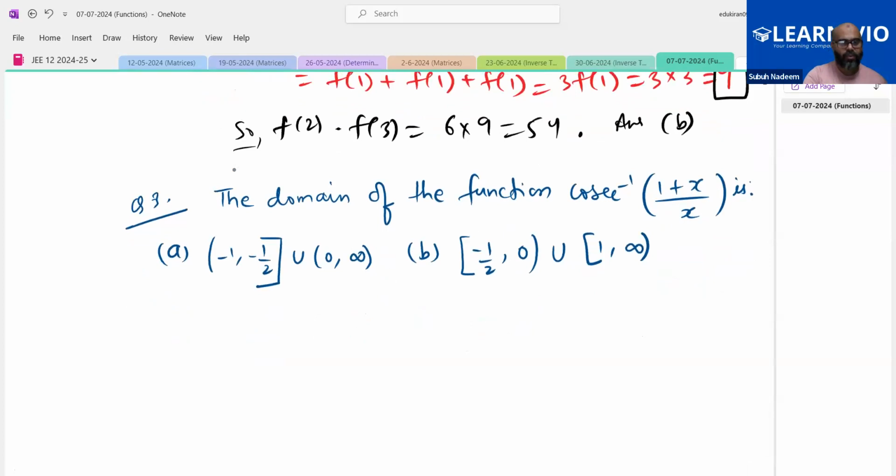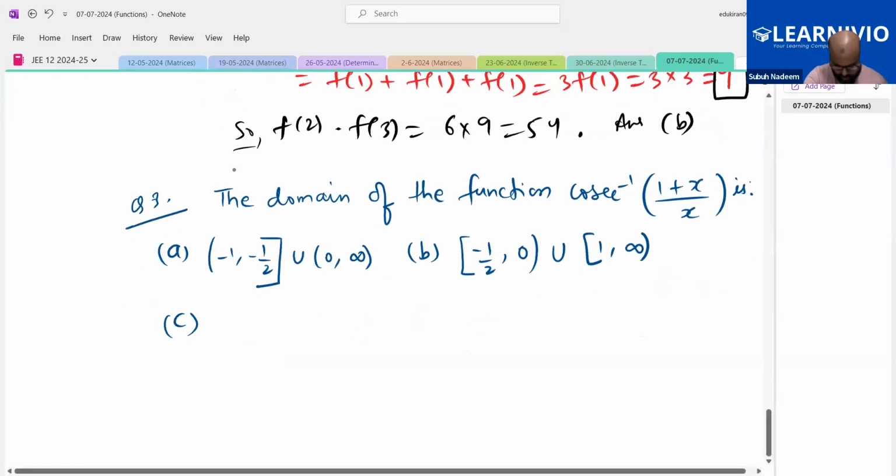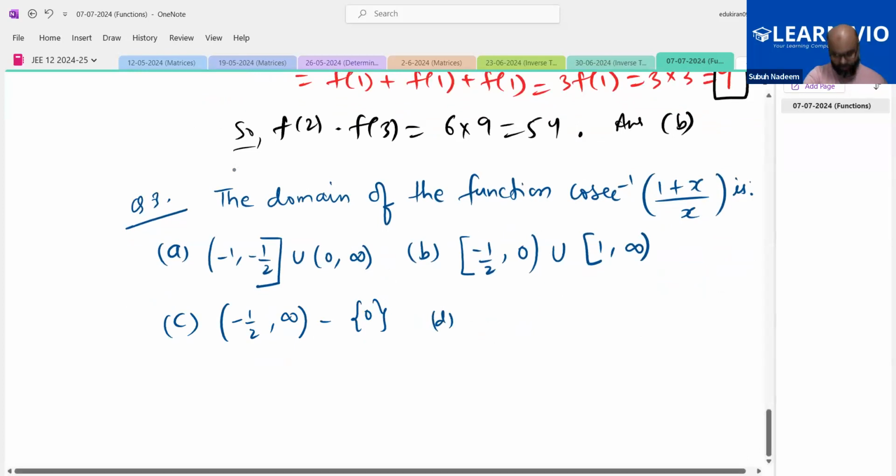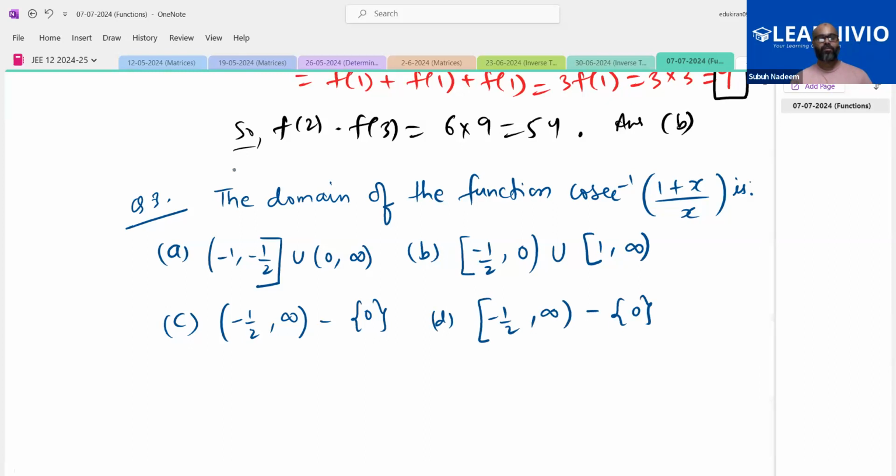If it is an open bracket on one side, then it is not included. Just give it a try.